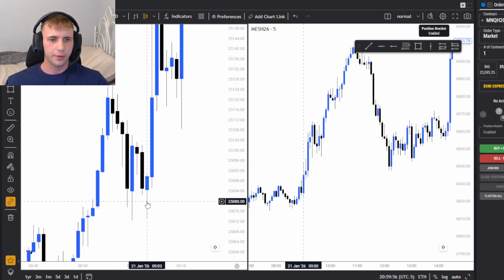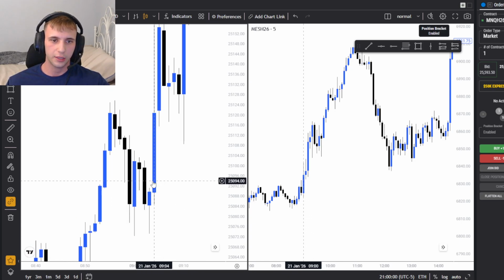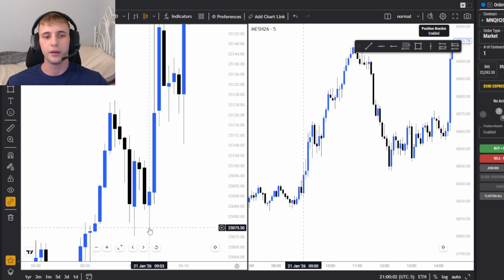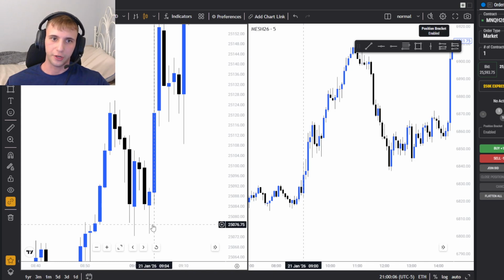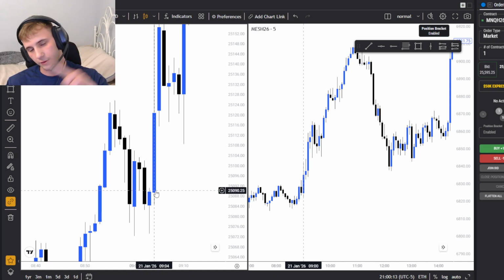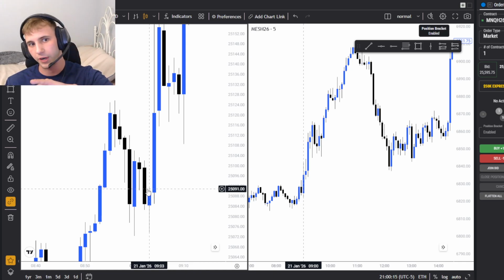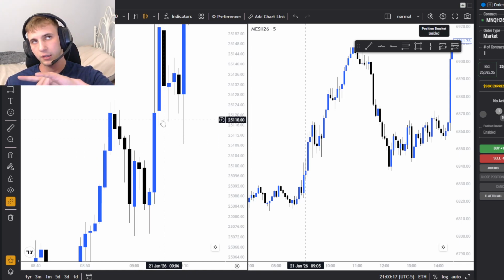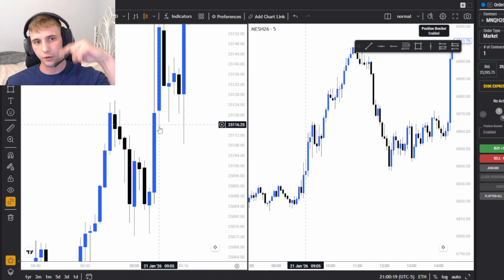A fair value gap is a 3 candle pattern essentially, and it's when the middle candle out of that 3 candle pattern has a body that isn't touched by either the candle to the left or the candle to the right. Either body or wick, right?